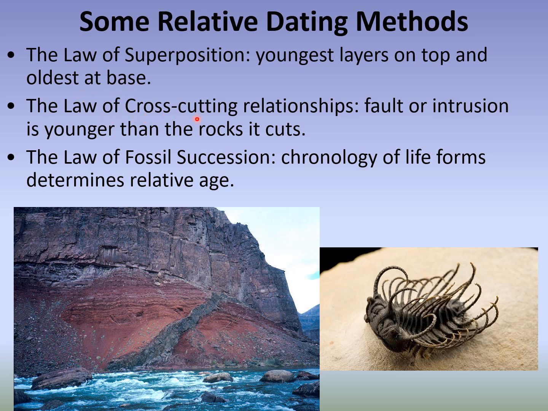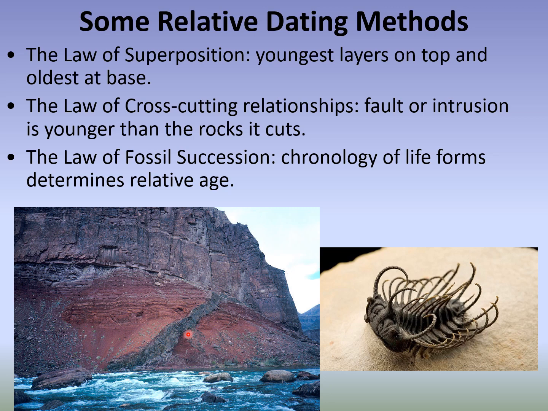We've got the law of cross-cutting relationships. That's when you have something that cuts through another rock. So you have rock cutting through here. So this is a darker basaltic, kind of magnesium and iron-rich volcanic rock cutting through this sedimentary rock, it looks like. So the sedimentary rock in this case would be older because it fractured at some point, or something happened where this darker colored volcanic rock was able to move through it.